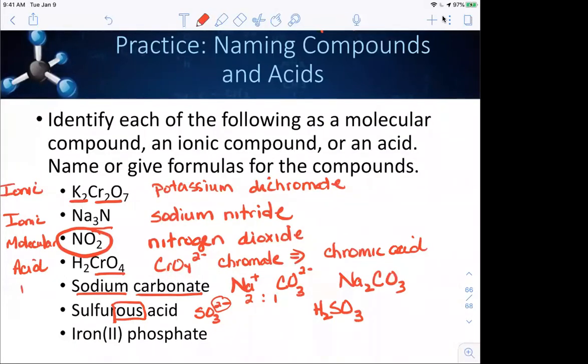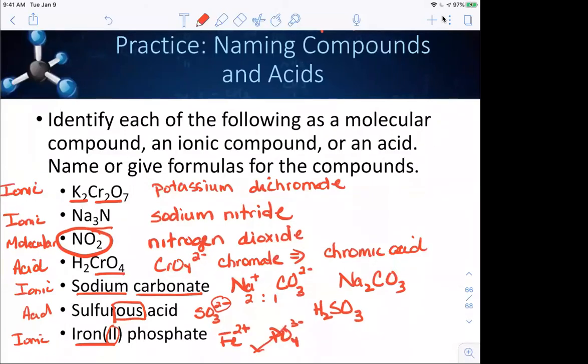So this is ionic. This is also an acid. This is ionic also, but it's got the transition metal. So I know from the Roman numeral 2 that I have an Fe2+. Phosphate is PO4 3-.